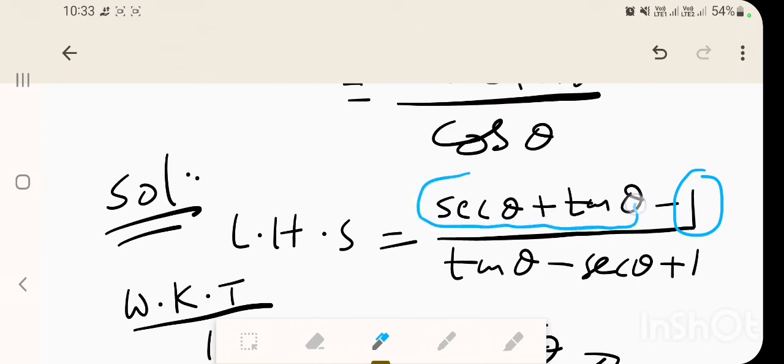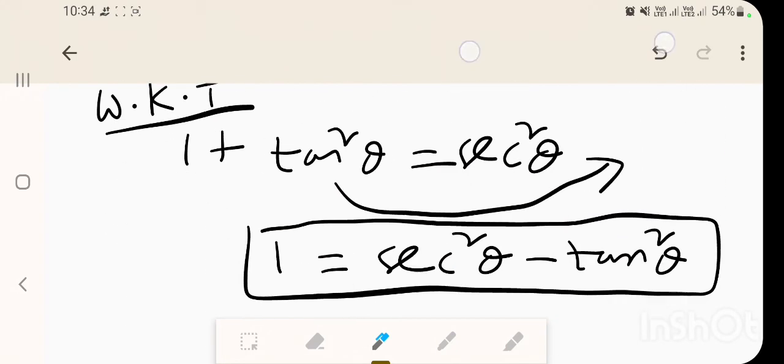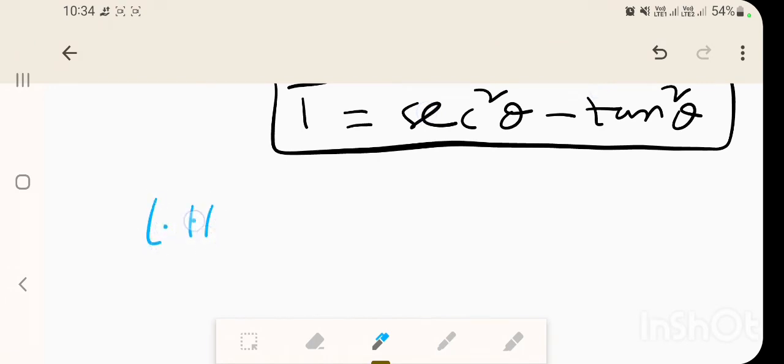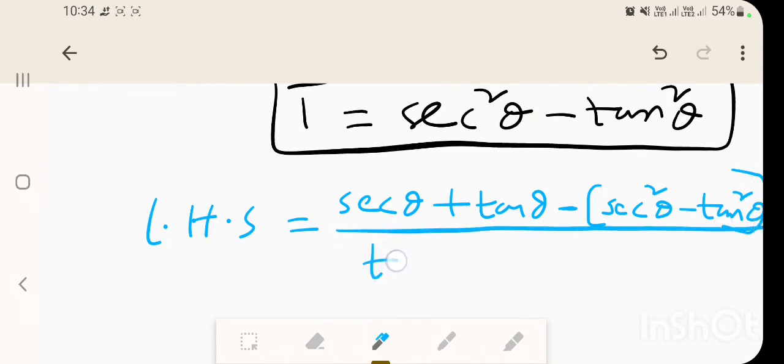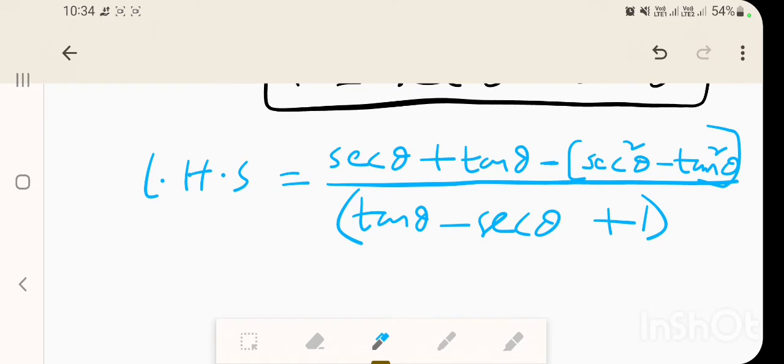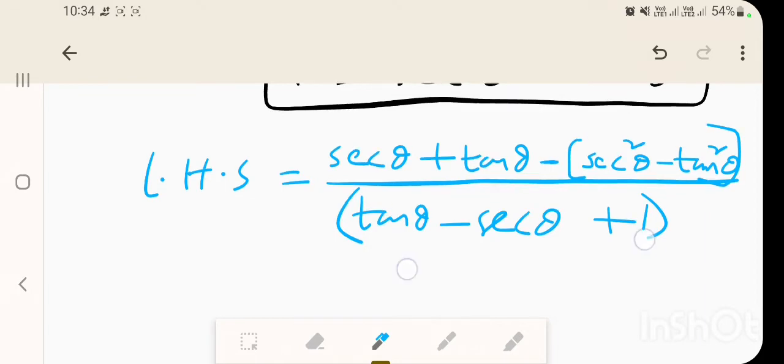Already we have secant theta plus tan theta, that we keep as it is in the LHS. In place of minus 1, we write minus of secant square theta minus tan square theta, whole divided by tan theta minus secant theta plus 1. So in the numerator we have secant theta plus tan theta minus secant square theta minus tan square theta.